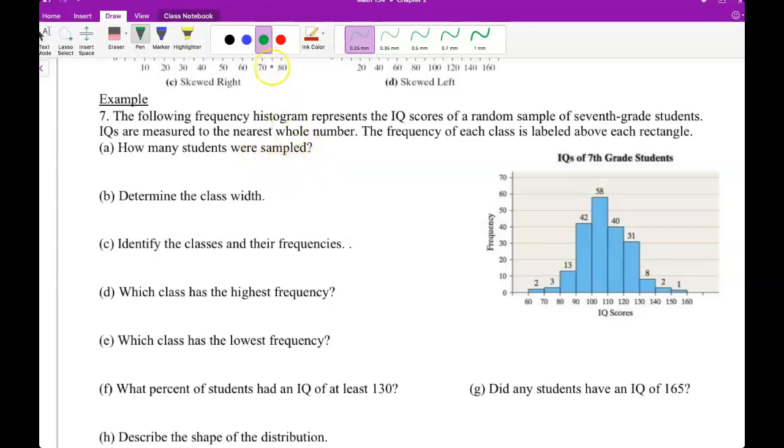That means find the sum of the frequencies. These are the frequencies that we have, so adding all these numbers to find the total number of students. We have 2, 3, 13, 42, 58, adding all these.